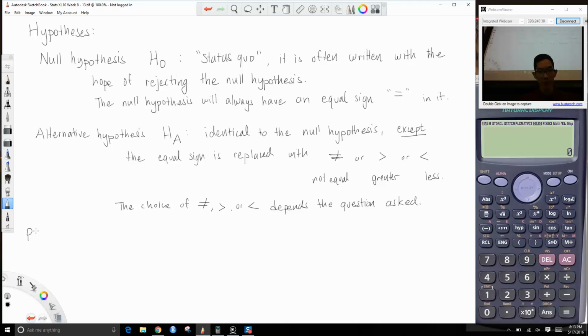And then we calculate something called a p-value. The p-value is the probability of observing our data or something more extreme if the null hypothesis were true.